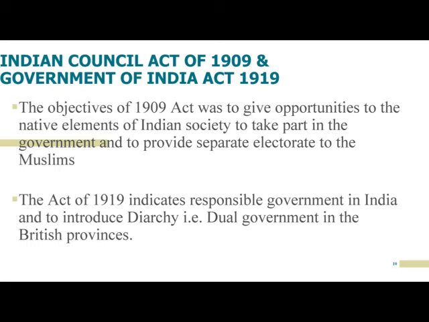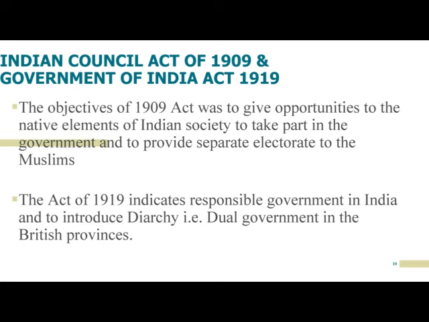It granted the increasing association of Indians in every branch of administration and the gradual development of self-governing institutions, keeping in view the progressive realization of responsible government in British India as an integral part of the British Empire.